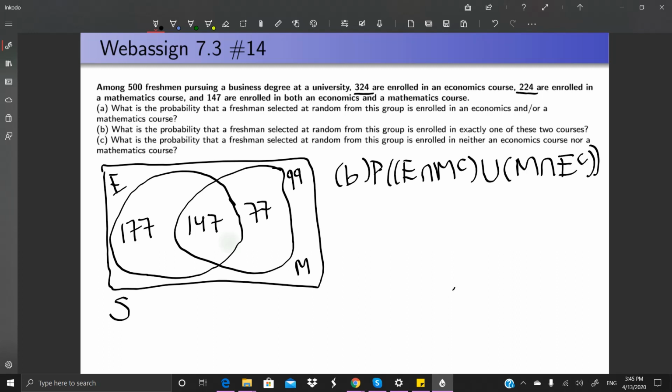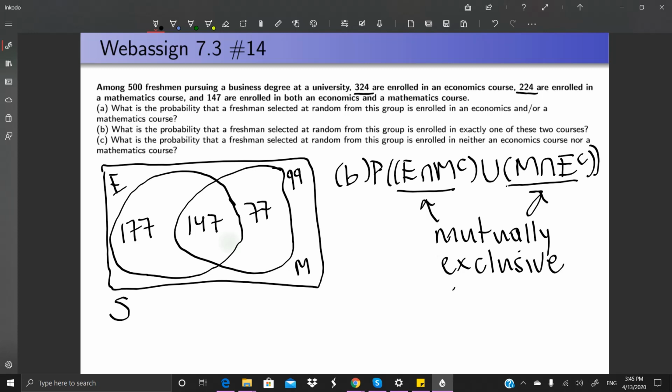So you want the probability of this first set or the other set. Now, by the rules for probability, if we have two mutually exclusive events, then the probability of their union is the probability of the first plus the probability of the second. So these right here are mutually exclusive.